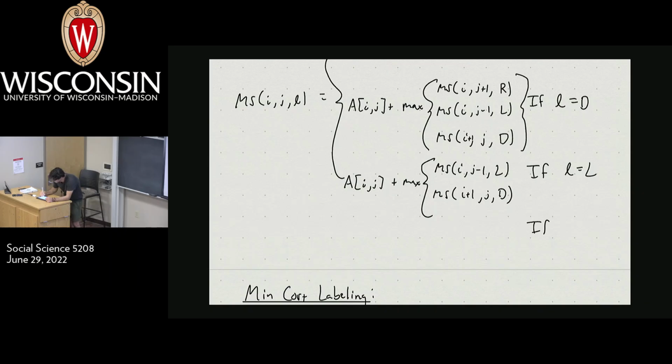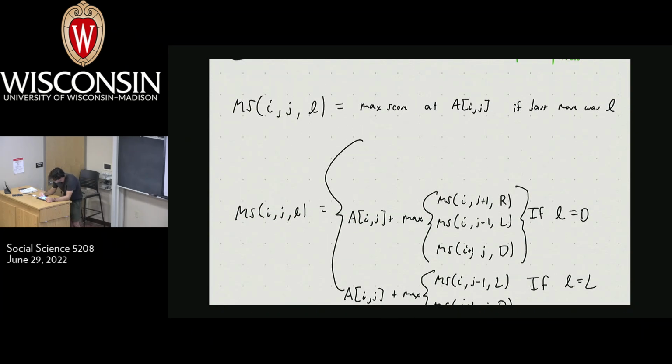The last one is if L equals R. It's going to be basically the same thing, but I feel compelled to write it. ms i j plus 1, move right. ms i plus 1, j, move down. And you have your base cases as before. i is greater than n. j is greater than n or less than 1. 0.